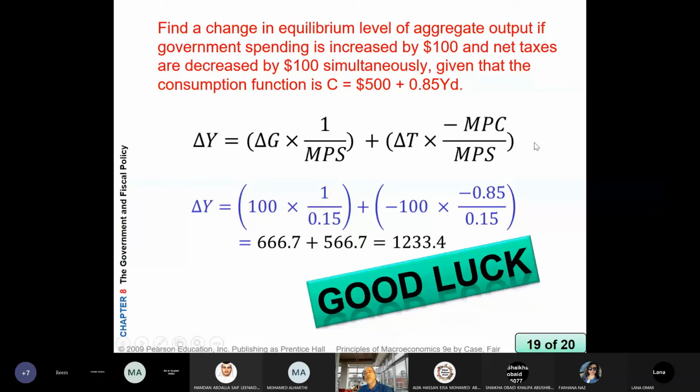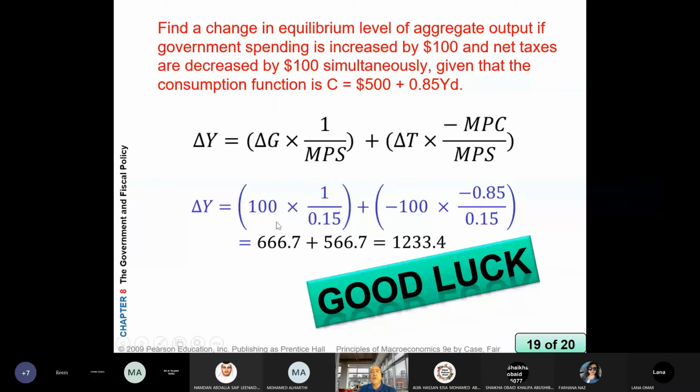MPC plus MPS is equivalent to 1, so marginal propensity to save equals 1 minus MPC. 1 minus 0.85 equals 0.15. This is the marginal propensity to save.